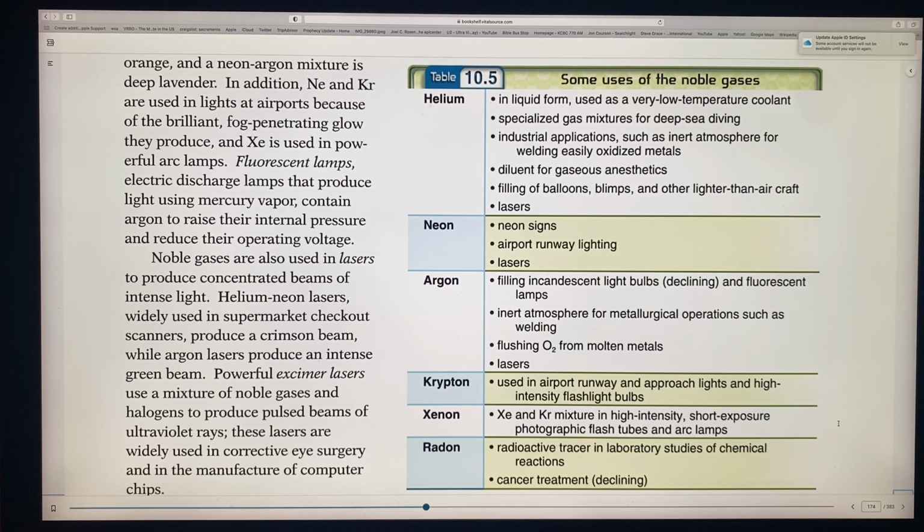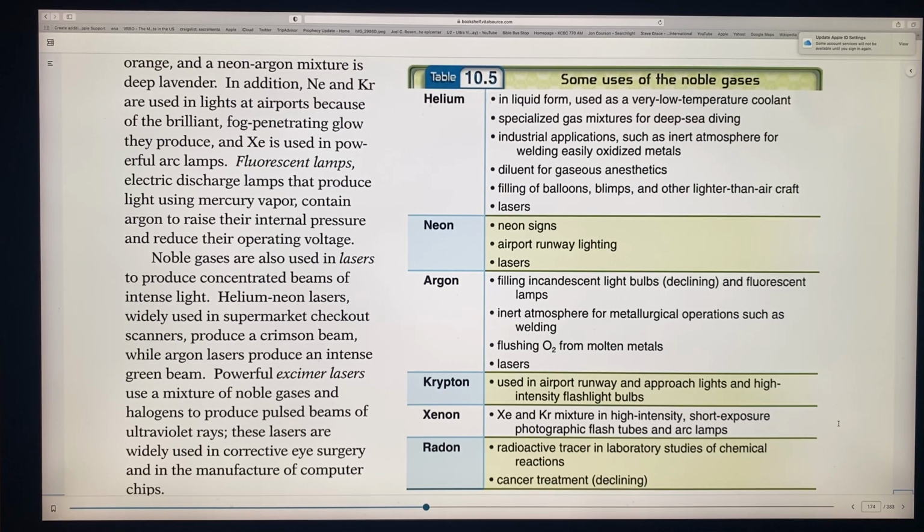Helium in liquid form is used as a very low temperature coolant, special gas mixes for deep sea diving, industrial applications such as inert atmosphere for welding, dilute gaseous anesthetics. Didn't know that. The filling of balloons, blimps, and other lighter than air crafts, and lasers.